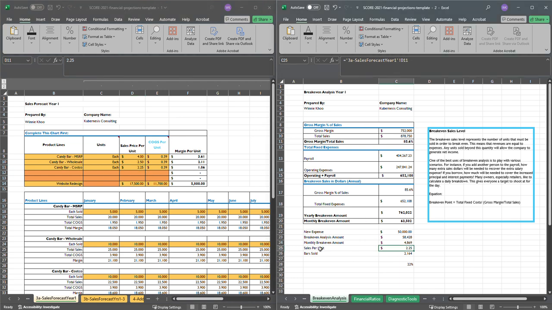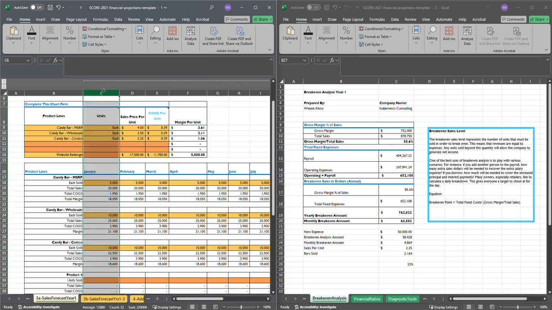So if we take the amount of sales per unit, which is $225 at Costco, that's what we're pulling in here. This is the number of bars we actually have to sell every month, in addition to what our sales projection already is, which is 10,000 bars at Costco. That's the estimate per month.